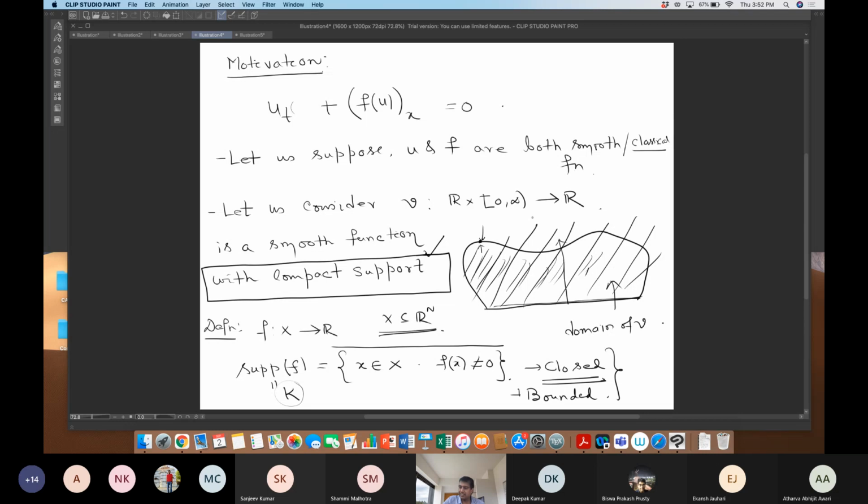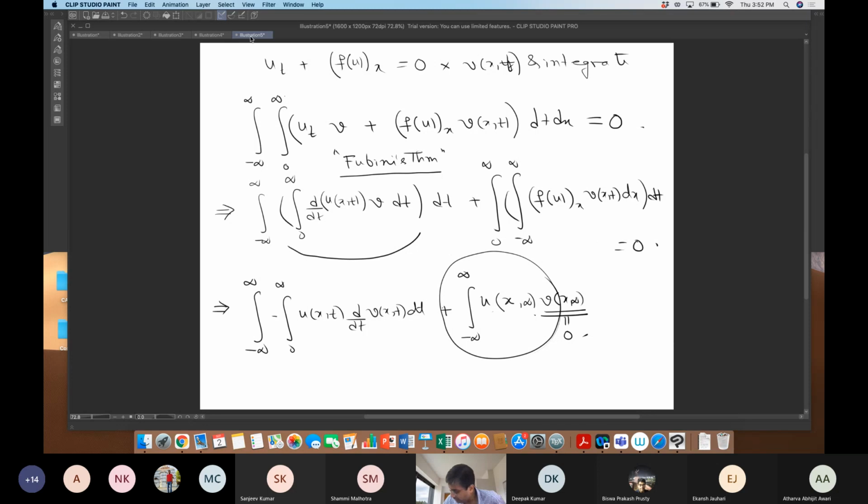You see the compact support is in this space, R cross 0 to infinity. Anyway, it is 0. So another boundary term will come: minus integral from minus infinity to infinity of u(x,0) v(x,0). So this part is over. So what will be this part?